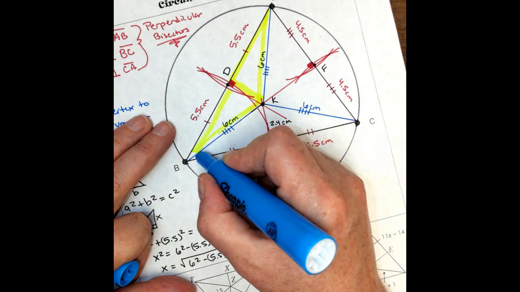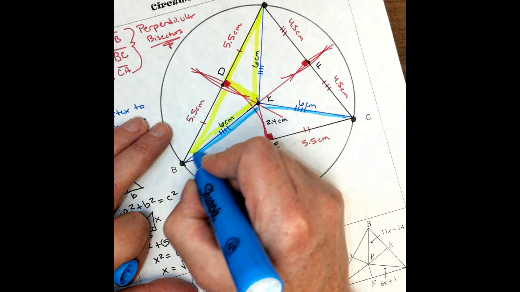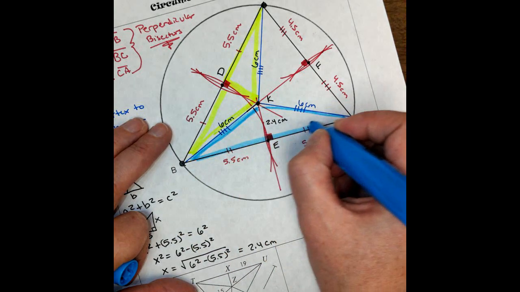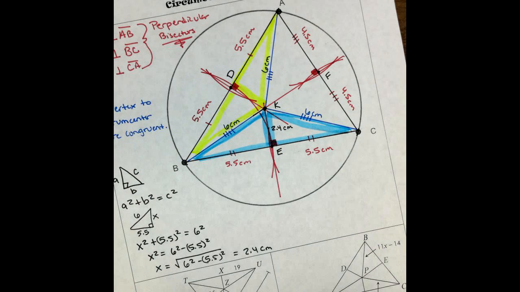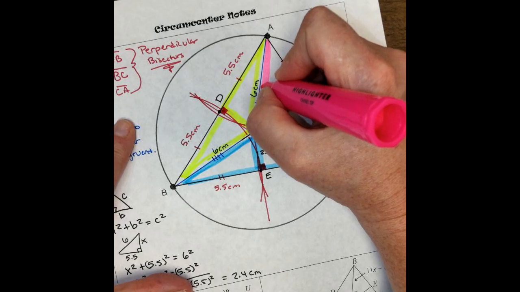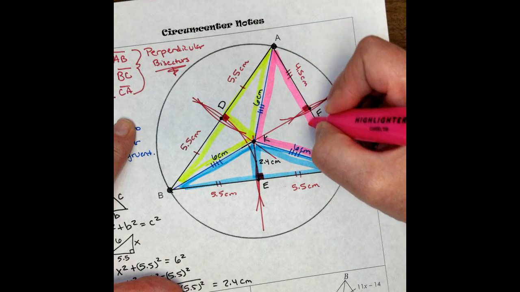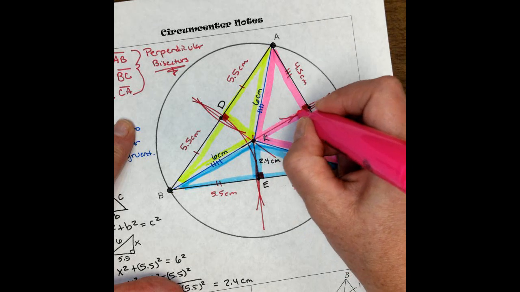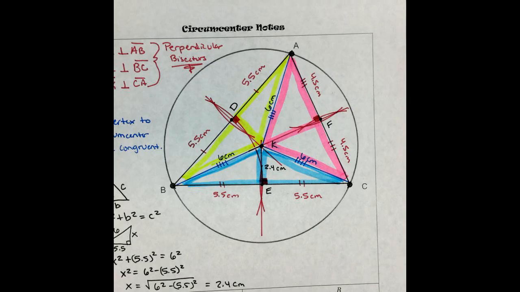And then I've got 6 and 6 and 5.5. These guys are the same. And then last but not least, these triangles are the same. Isn't that cool? There's a lot of patterns in this guy.